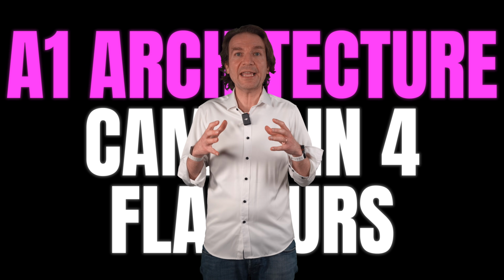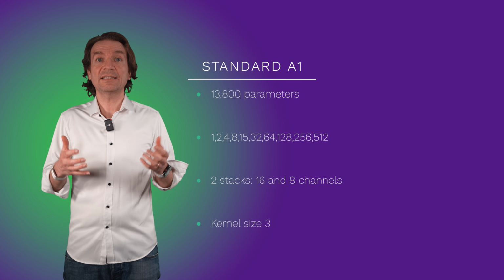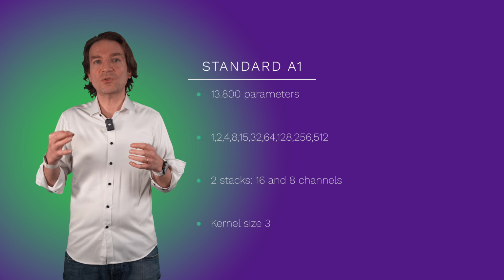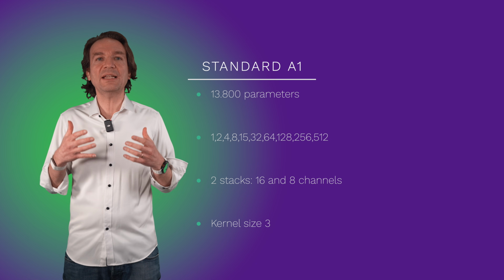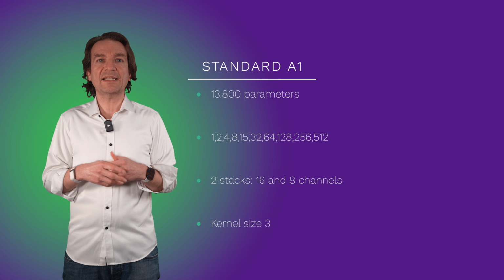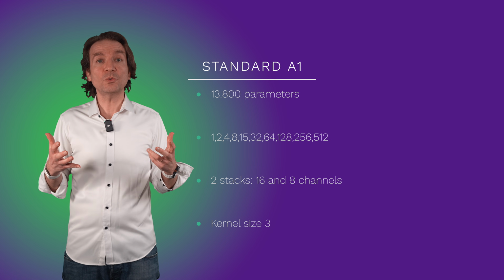In fact, the A1 architecture comes in 4 flavors. The A1 standard with 2 stacks of layers, 16 channels, kernel size 3 and 13,800 parameters, dilation pattern 1, 2, 4, 8, etc. And this gives us the best accuracy and the highest CPU usage.